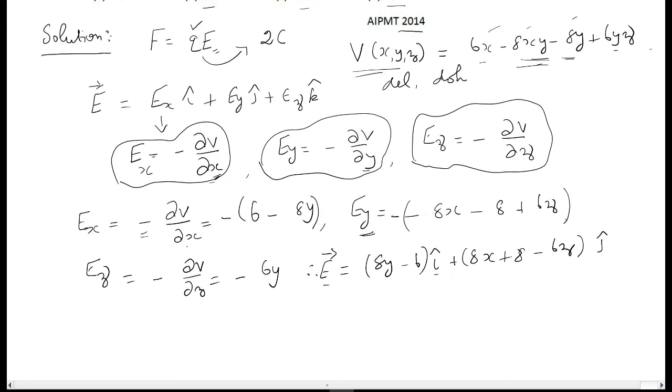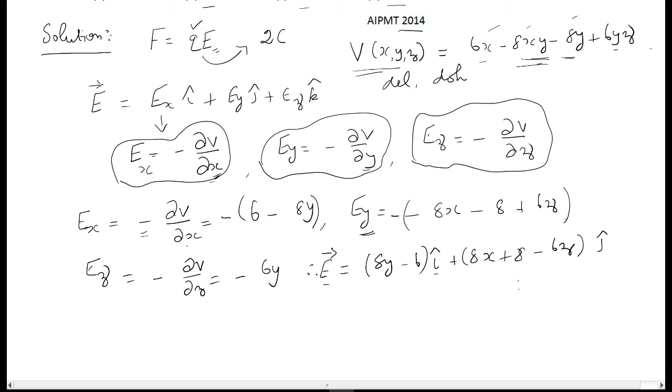Then one more term, Ez: minus 6y k cap. This is E.